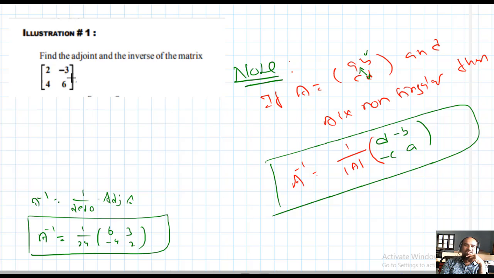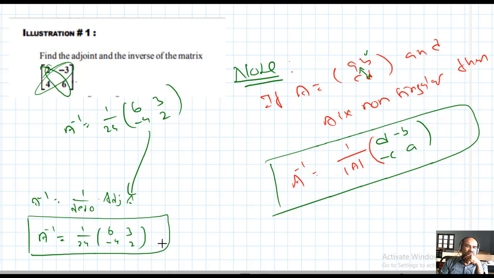For example, for this matrix, A inverse directly I can write, that is 1 by det, I got 24, into these two should interchange, 6 2. These two as they are but with opposite sign, this 3 and this is minus 4. So what you got, that only. So for 2 by 2 you can use this manner.